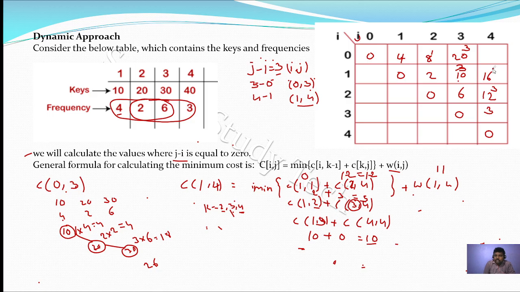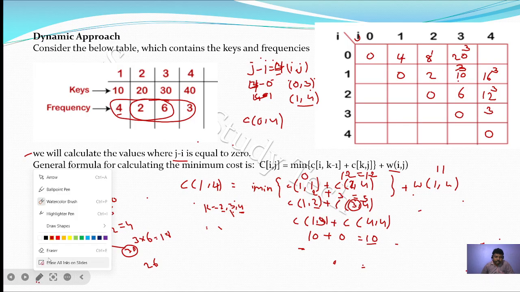So here it is 16, root 3. Like that we have to find out. Here j minus i equals 4 now. So 4 minus 0, only one possibility, that is the cost of 0 comma 4. Now you can calculate it.